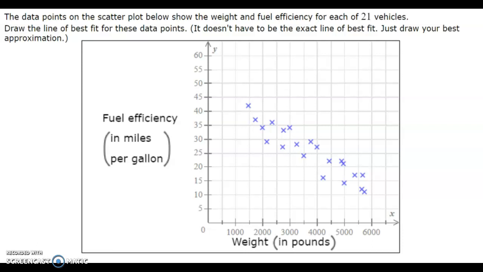What we're talking about there is we see this big cluster of points. They clearly don't all connect to make one straight line. Your best guess as the middle of all that data is what we're talking about with the line of best fit. Okay, something like that.